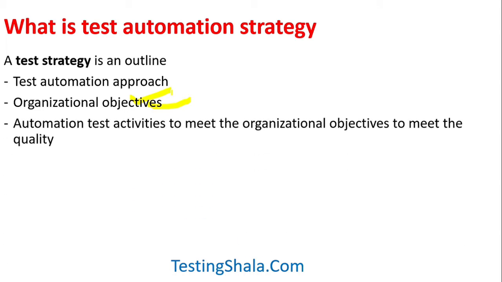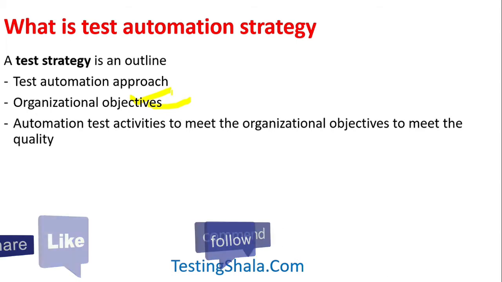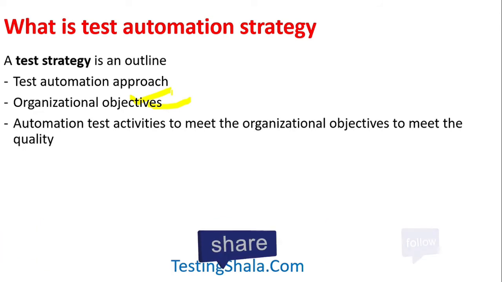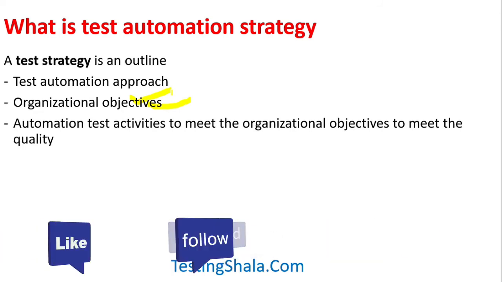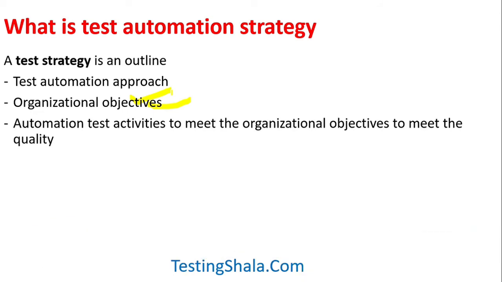You will be defining every aspect of what you will be performing as part of the test automation to meet those organizational objectives. That is what we are going to define in a test automation strategy. On a very high level, you will have three items. One is the detailed way of doing a test approach.